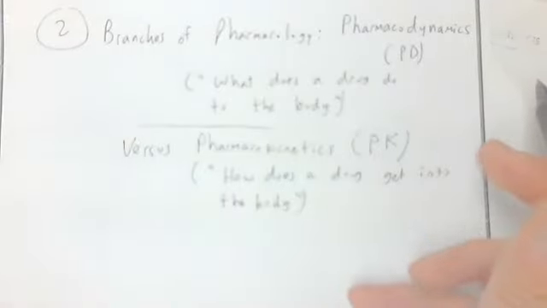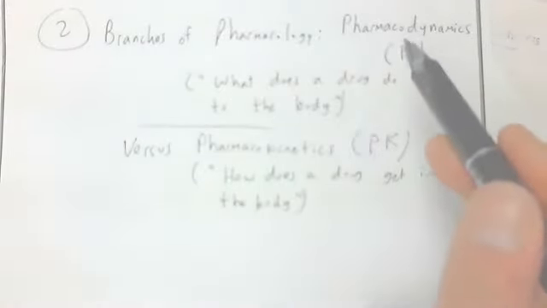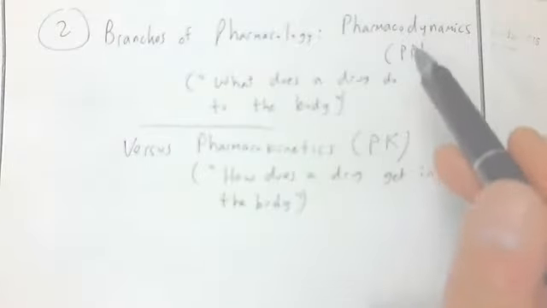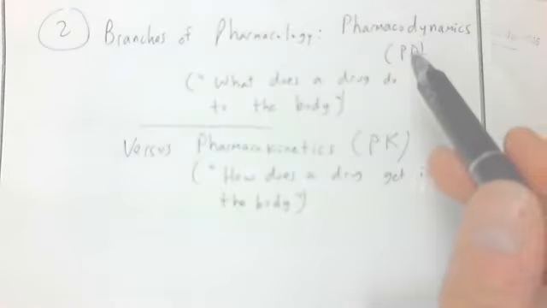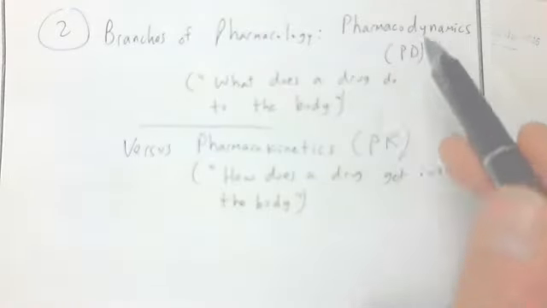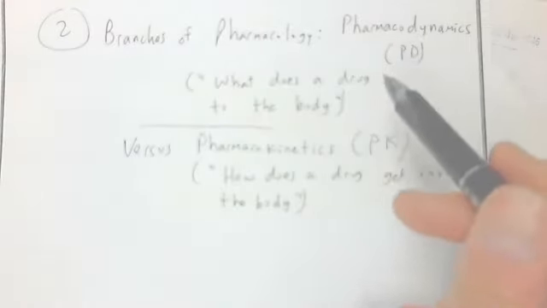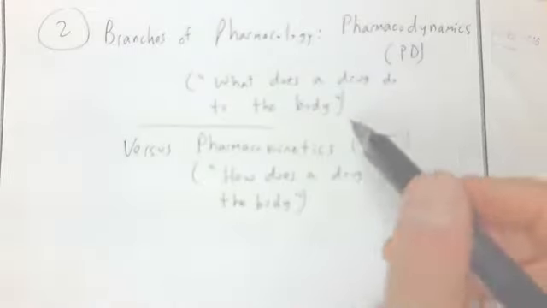All right, so pharmacodynamics usually has to do with the interaction of a drug with receptors. Is it an agonist? Is it an antagonist? Is it an inhibitor? Is it an activator? All those kinds of things.